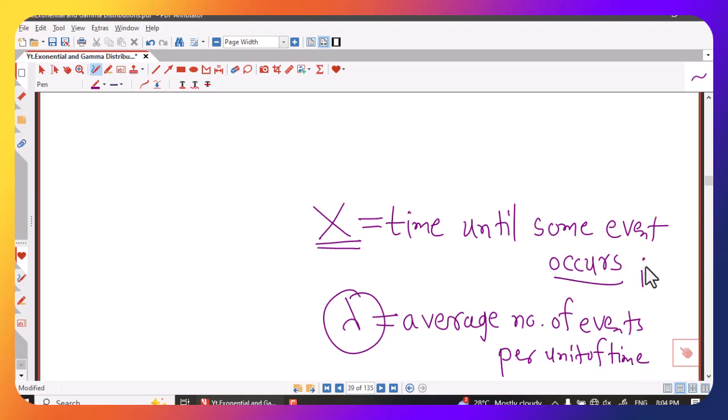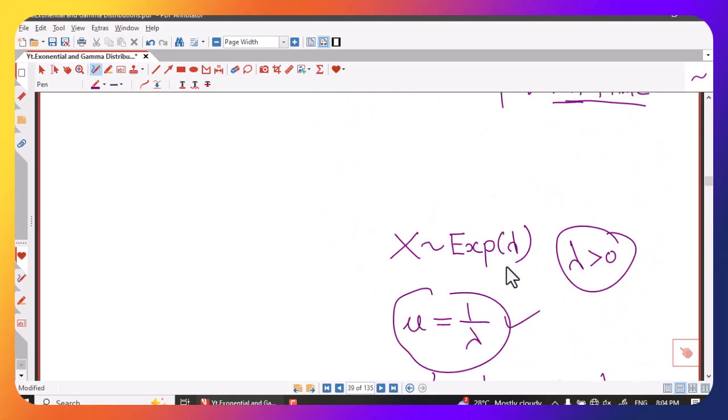So if this is in hours, then lambda is required per hour. If this is in minutes, then lambda is required per minute. If this is in seconds, then we require lambda per second.